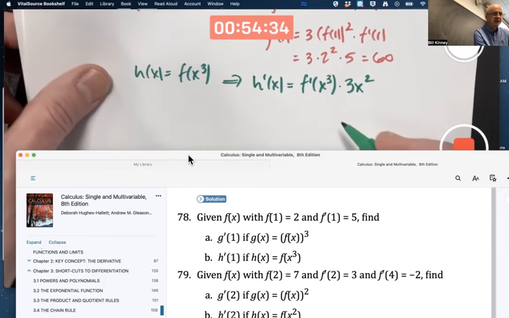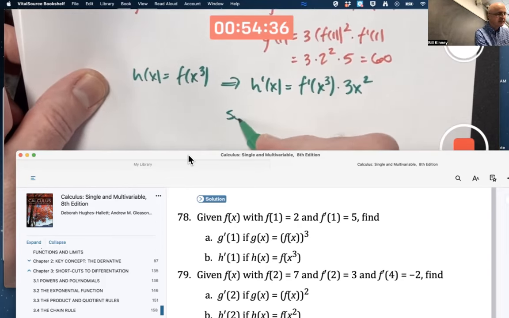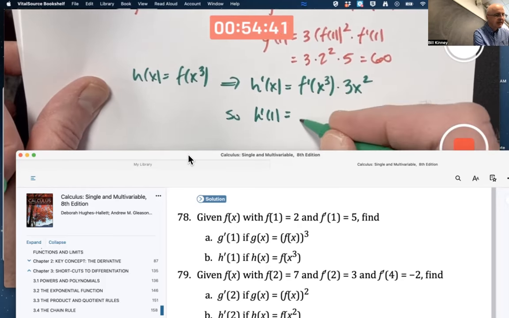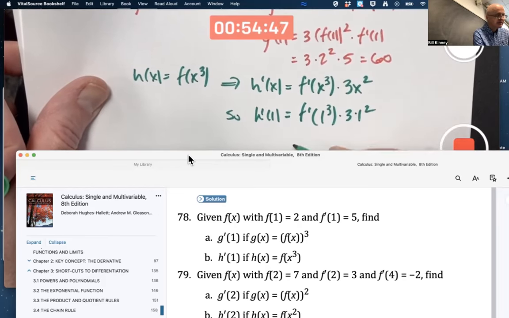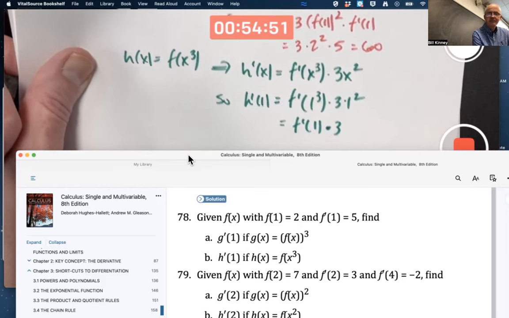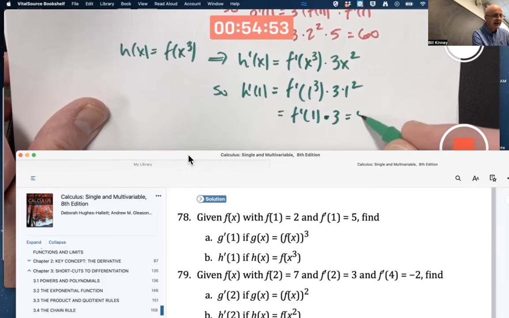So now if you plug in 1, please don't put stuff in your bags quite yet. We have 1 minute. You get f prime of 1 cubed times 3 times 1 squared. 1 cubed is 1. And f prime of 1 is 5. So the answer is 15.